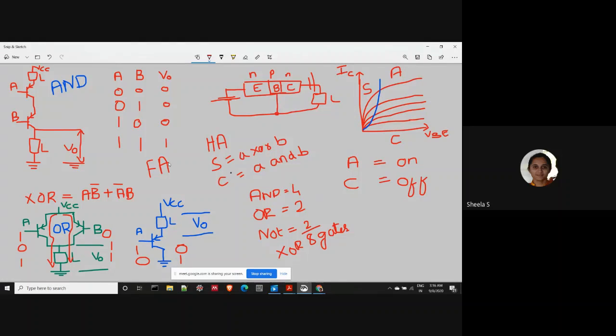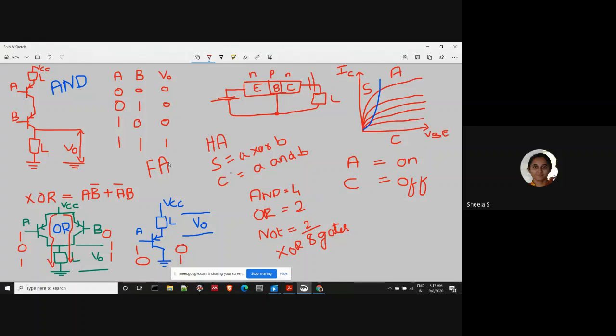So the expression will be A XOR B XOR C. So two XOR operations will be done. And similarly for carry we have one simple expression, that is nothing but AB plus BC plus AC. So here 3 AND operations and 2 OR operations.